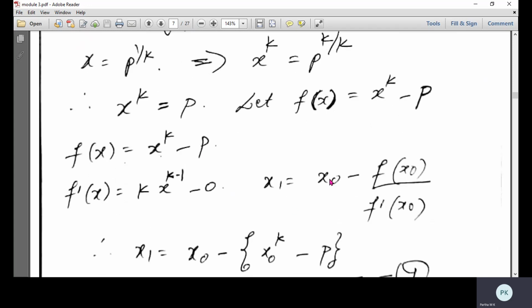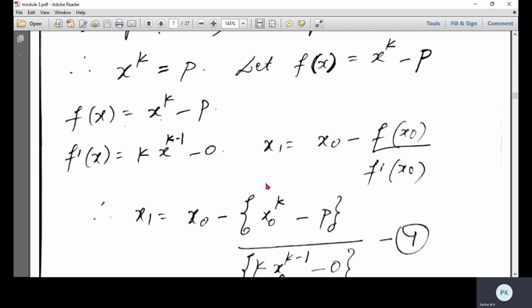So what is x1? x1 is equal to x0 minus f of x0 by f dash of x0. f of x0 means put x is equal to x0: x0 to the power k minus p. f dash of x0 means in f dash x put x is equal to x0: k into x0 to the power k minus 1.